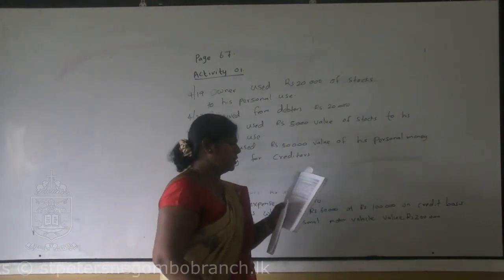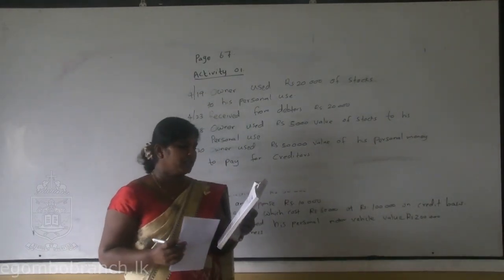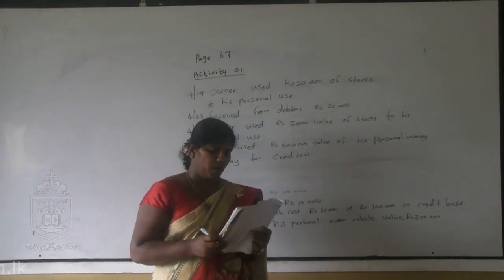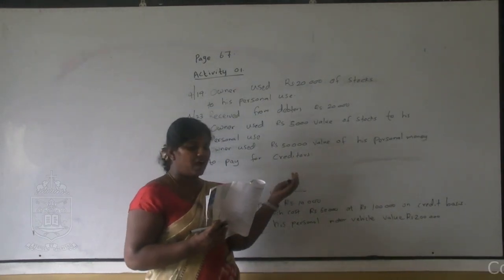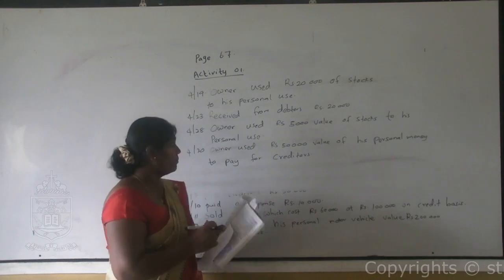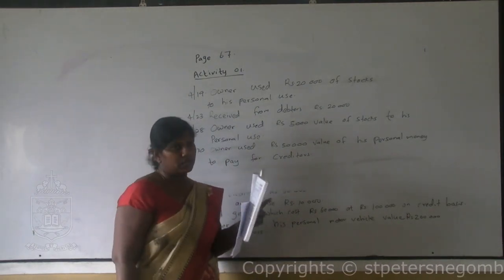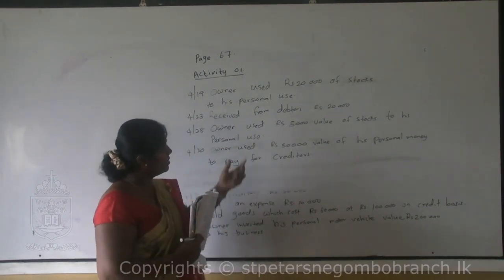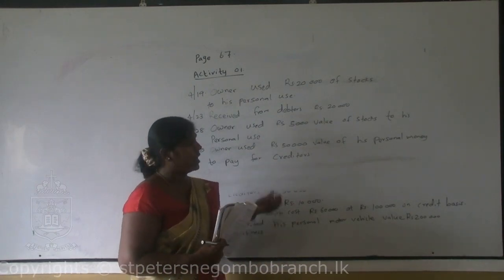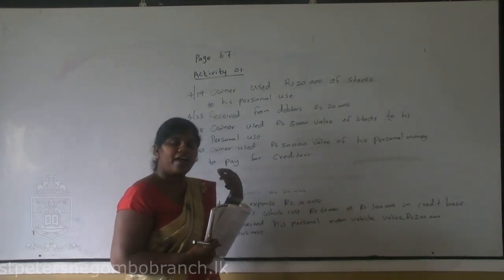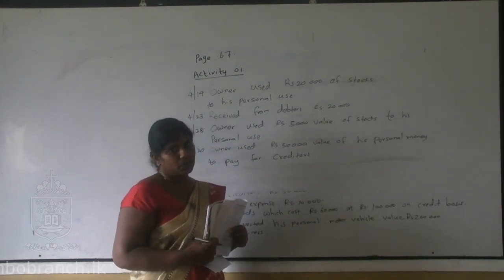Okay, that's all the transactions that you have been given according to activity 1. So children, please check the answers, the sums that you have been given according to the equation, and concentrate on all these transactions, how you can create the transactions if you have been given the answer. Okay.